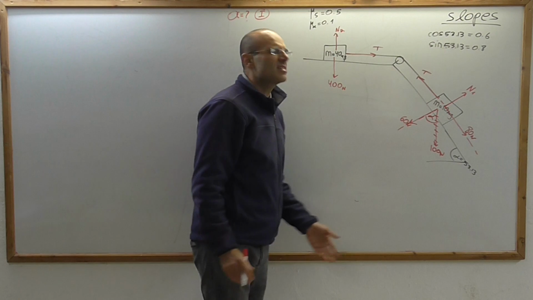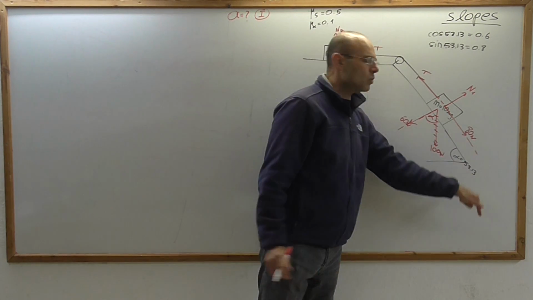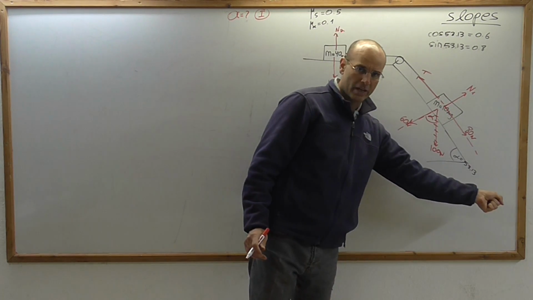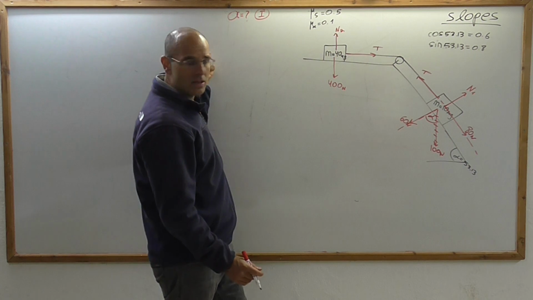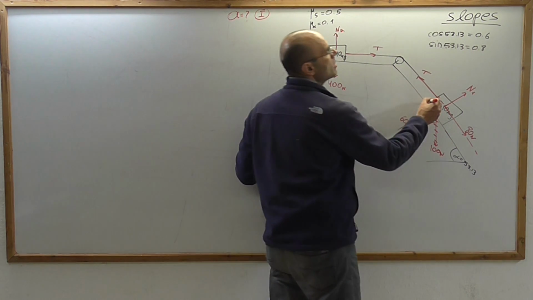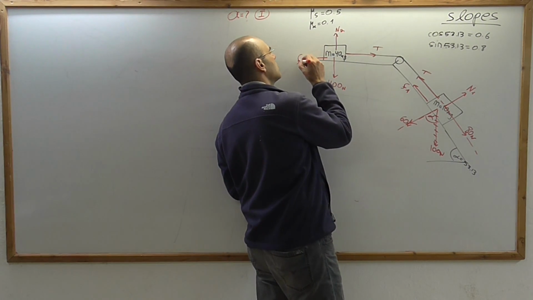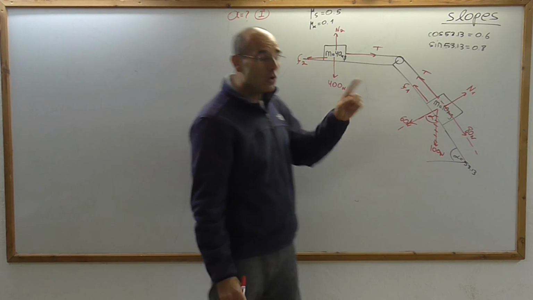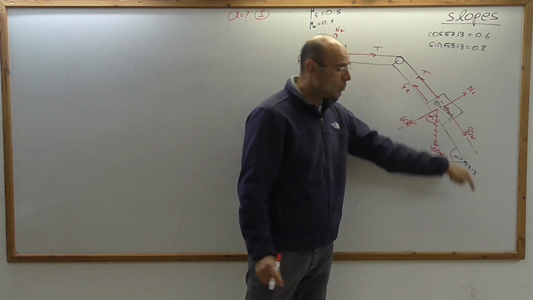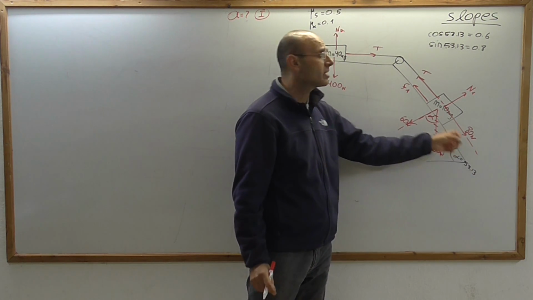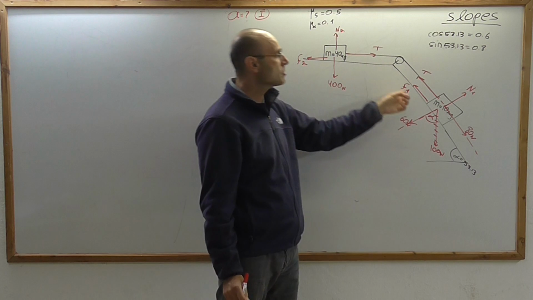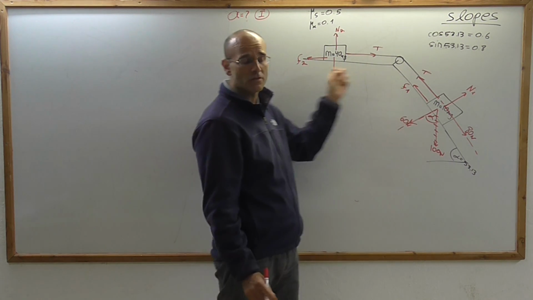Now I ask myself, this system wants to go obviously downwards. Why? Because 80 is pulling it down, nothing is pulling it this way, so the friction will be here, let's put F1, and here let's put F2. In order for this system to go downwards, I need that 80 to overcome the biggest friction forces, these two friction forces.